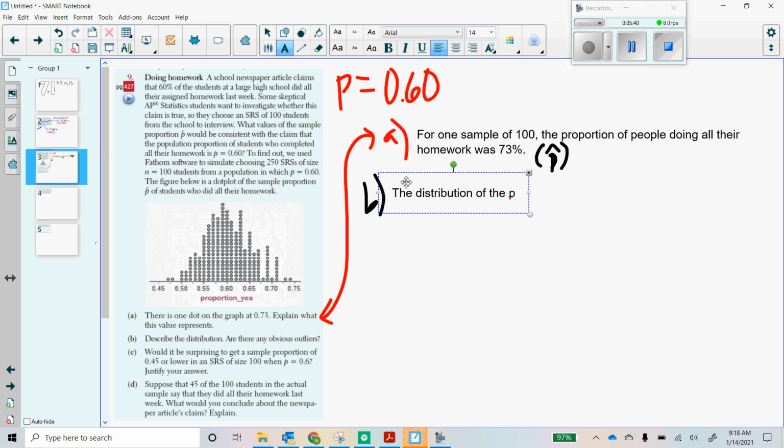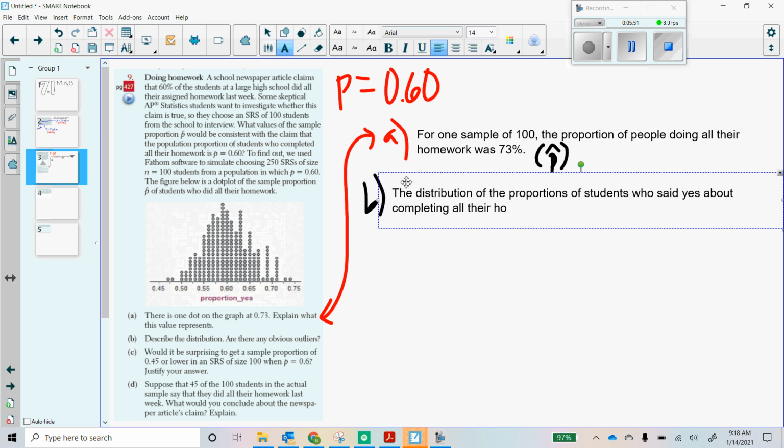The distribution of the proportion of students who said yes about completing all their homework is, I would say, relatively symmetric. It doesn't really look skewed to me. It appears to be centered maybe around 0.6, and I can say where they vary from. They appear to vary from about 0.47 to 0.74. I don't think there are any outliers. These are still kind of within the shape to me.